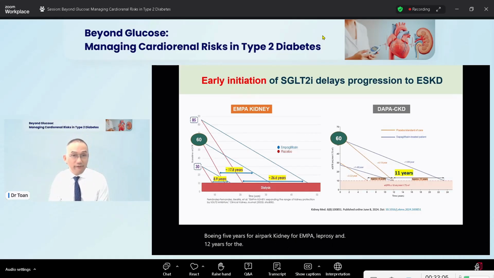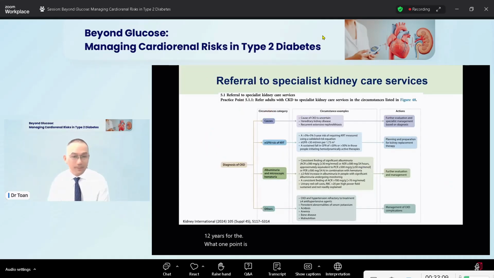But one point is very important: when we refer the patient to the specialist. We should refer patients to a specialist, as recommended by KDIGO 2024, when the disease progresses rapidly without clear cause and when the patient is in the advanced stage.